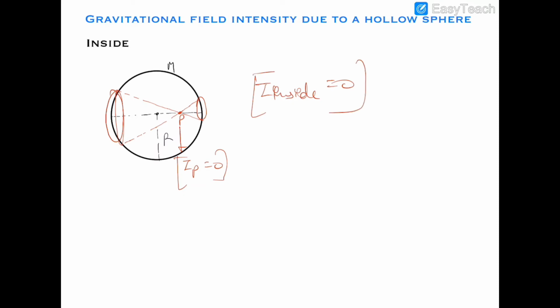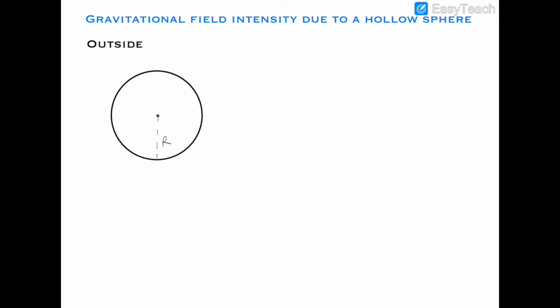Now if we move outside this hollow sphere, then for this outside point we can concentrate the complete mass of the sphere at the center, and hence we can apply Newton's law of gravitation and write down the gravitational field intensity formula due to a point mass.